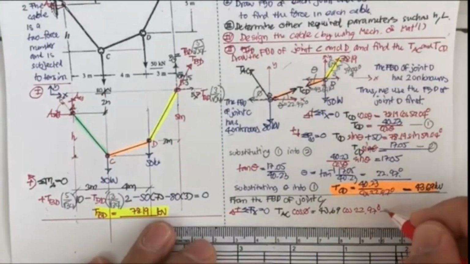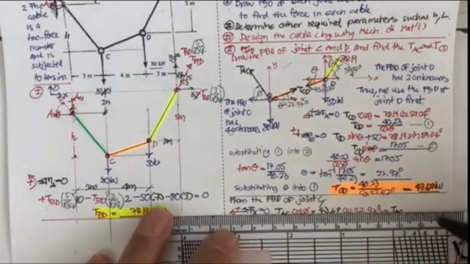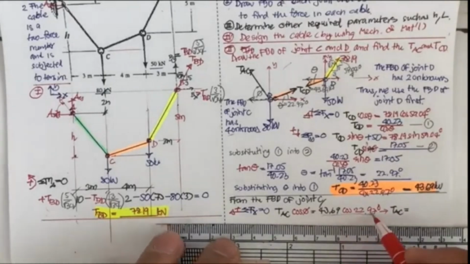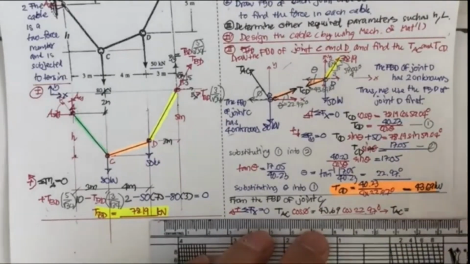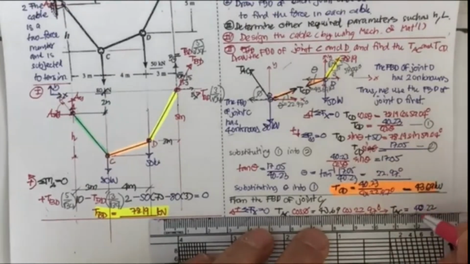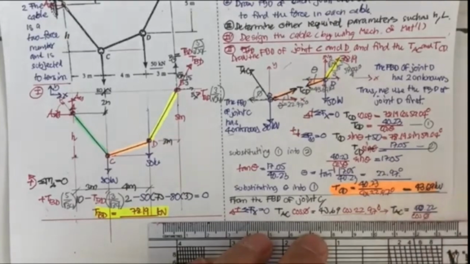Following this, if you do some arrangement, you will get T sub AC equal to what? Put this number into your calculator. Pause the clip. You will get 40.22, divided by cosine phi, and you will get this as the third equation.